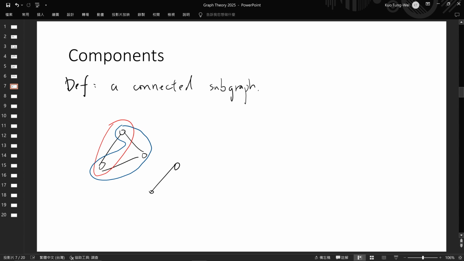So we need to adjust this definition a little bit. We're not looking for all connected subgraphs. We want to find some special connected subgraphs, so we need to add some constraints or properties.